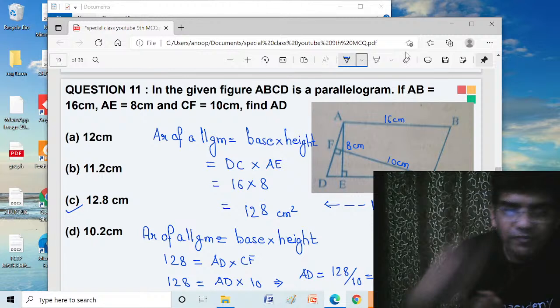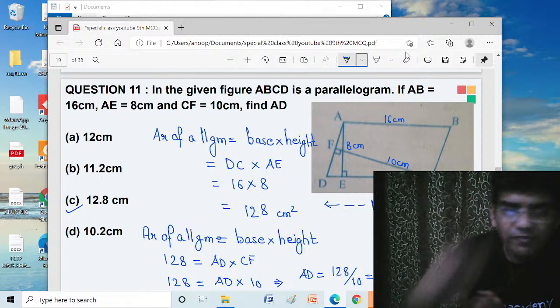So we have got the perimeter. After calculating the perimeter, we will get the semi-perimeter, which is half of the perimeter. 96 upon 2. So it will be 48, the semi-perimeter.